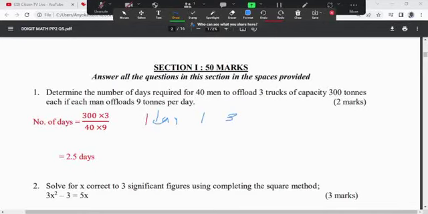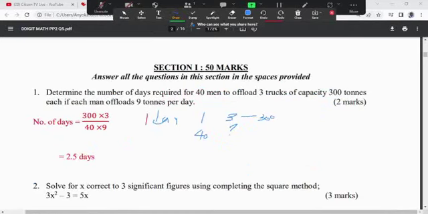So 40 men will do which job? 40 men will do 40 trucks of capacity 300 tons. So 3 trucks of capacity, and the capacity of each truck is 300.